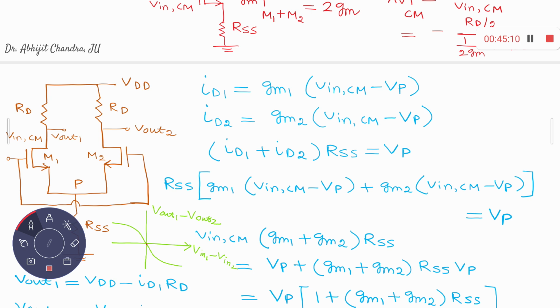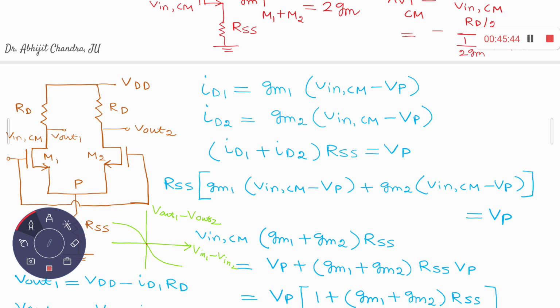But here you see that in this particular architecture, these two MOS devices M1 and M2 have different GM1 and GM2. In that case, even if we apply some common mode signal, it will have some non-zero differential output. That means if some change is present in the common mode signal, the differential amplifier will identify that change as a differential change, and accordingly it will produce a differential output.